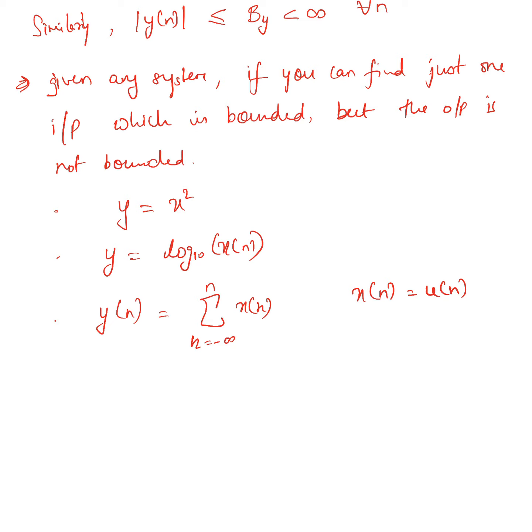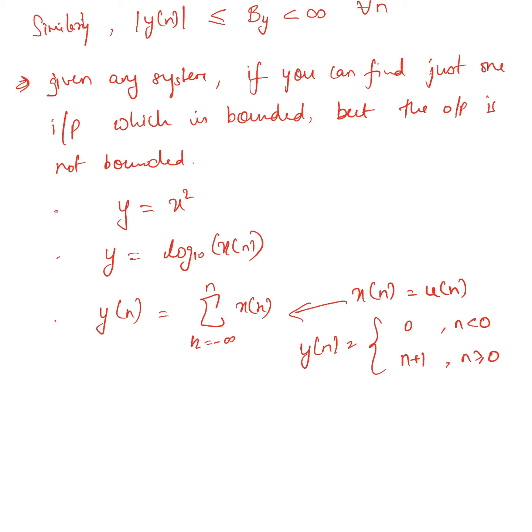So the input signal is a bounded sequence. Now if I put x of n equal to the step sequence in this equation, I would get y of n, which would be 0 for n less than 0, and n plus 1 for n greater than or equal to 0. You can determine this by yourself.